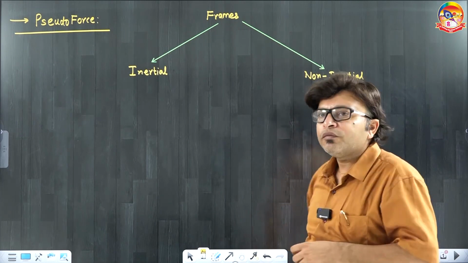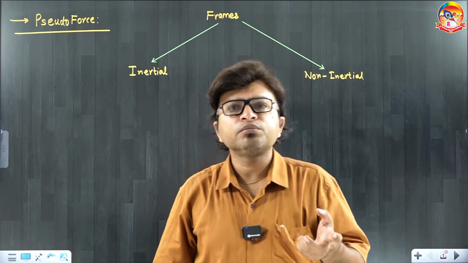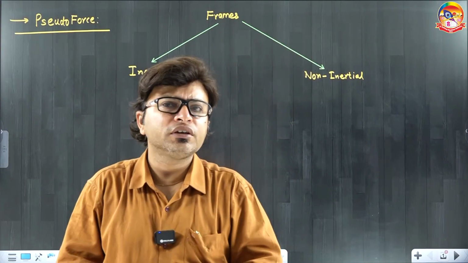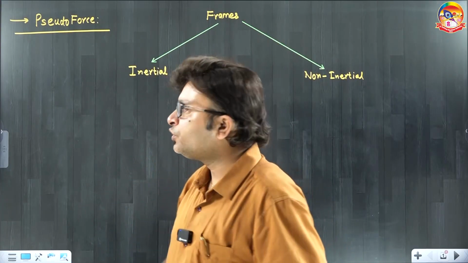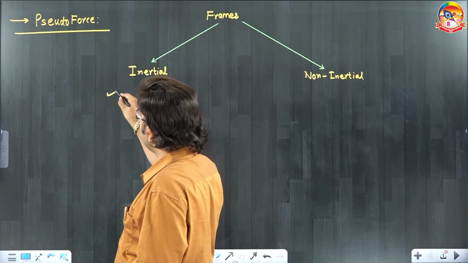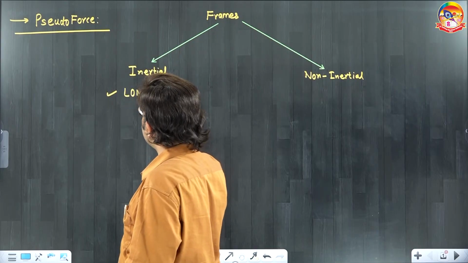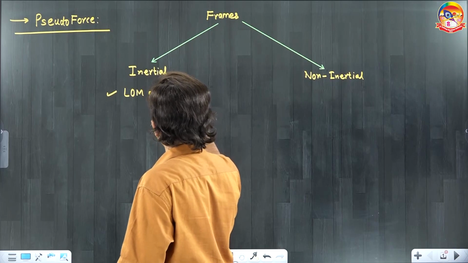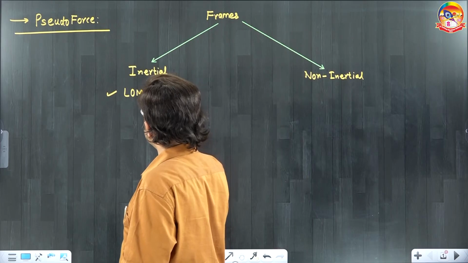Obviously, a frame where the laws of motion can be directly applied, like Newton designed for which frame? Ground. So for us, the ground, where laws of motion are directly applicable, is what kind of frame? It is an inertial frame.